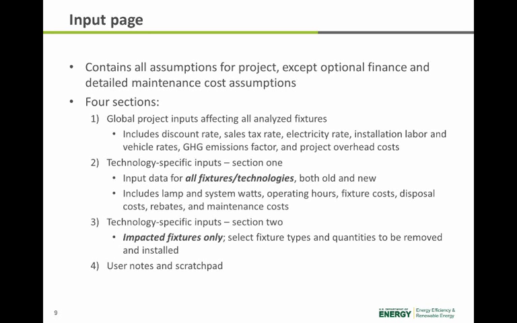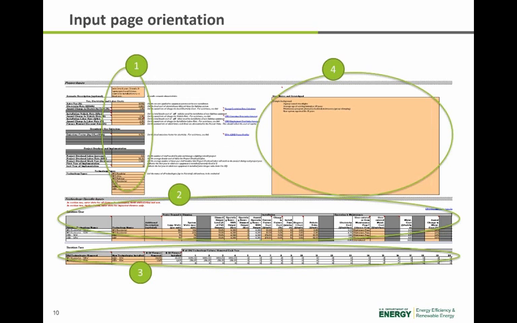Given that only the input cells are editable in the spreadsheet, we wanted to have some place where the user could record notes or do some calculations. And so there's a large editable area. In fact, I'll just go to the next slide and show that now. The user notes and scratchpad section, section 4, is highlighted in this slide here.